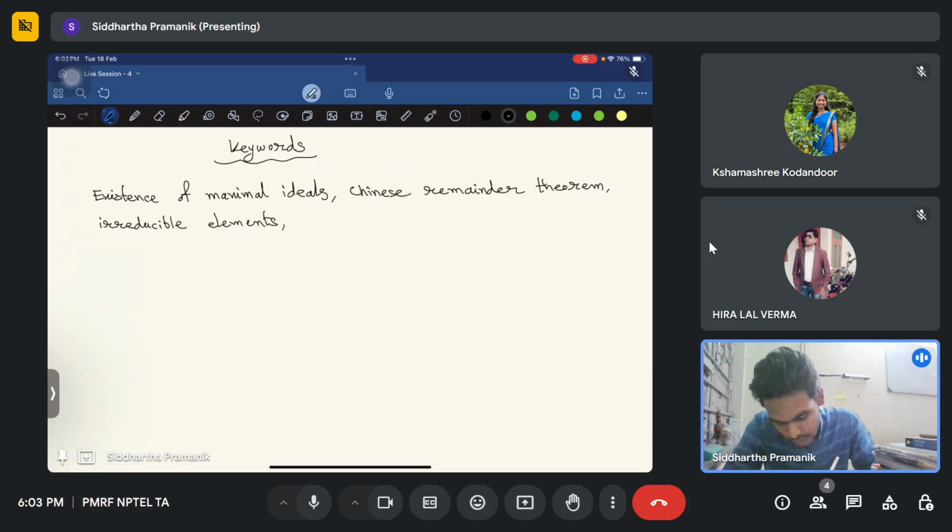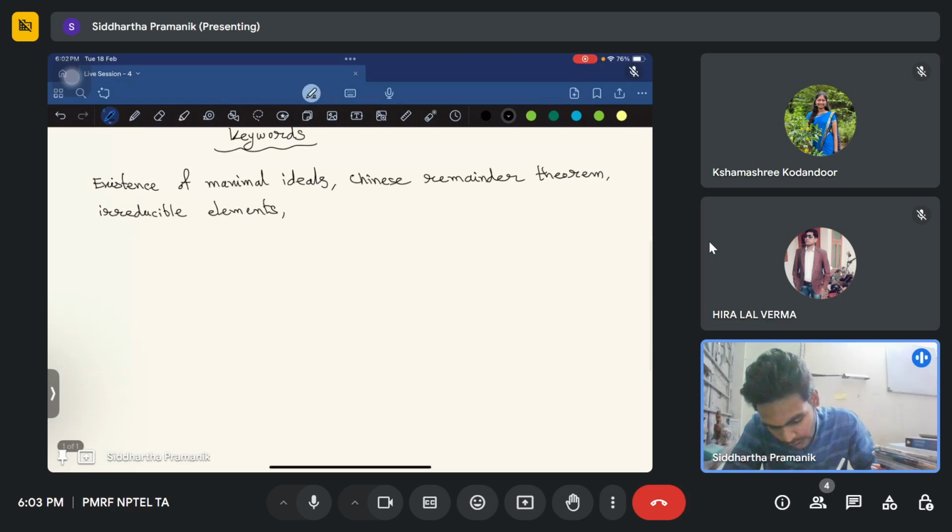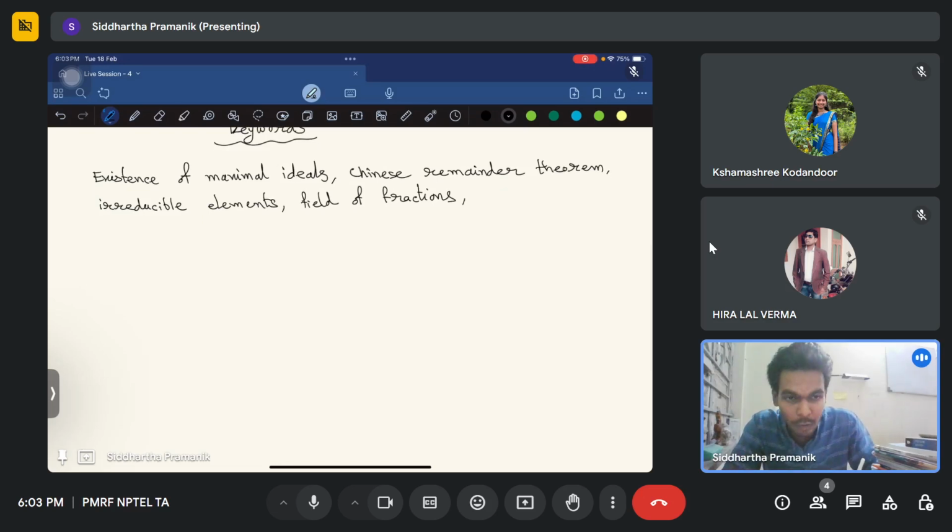And after this, we saw field of fractions of integral domains, and a couple of examples of field of fractions. Then we saw one important class of rings known as Noetherian rings.